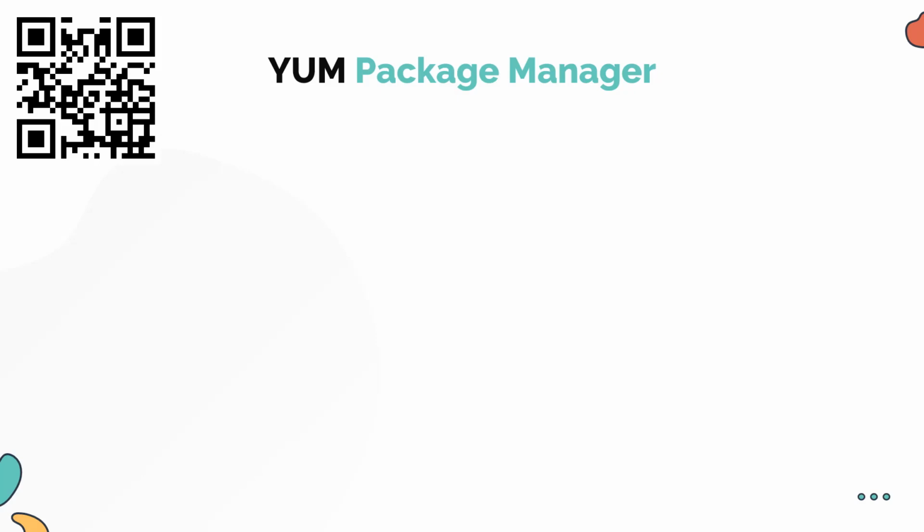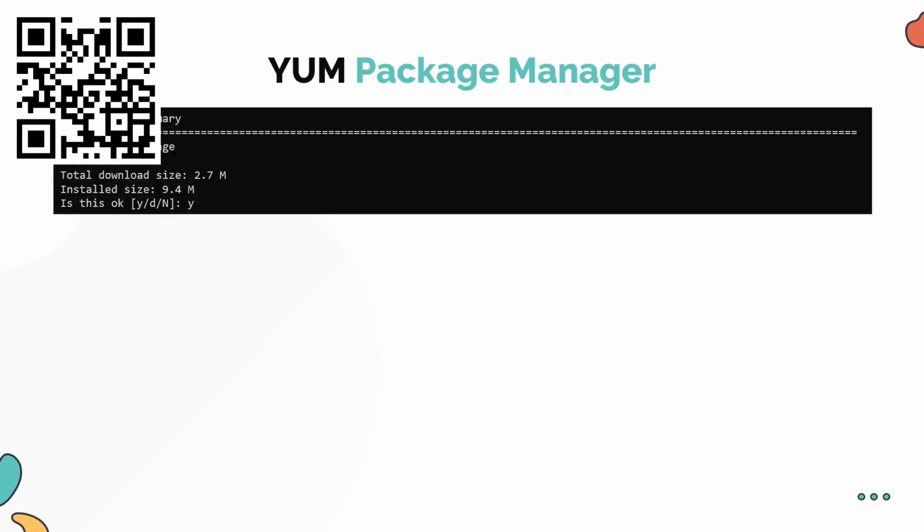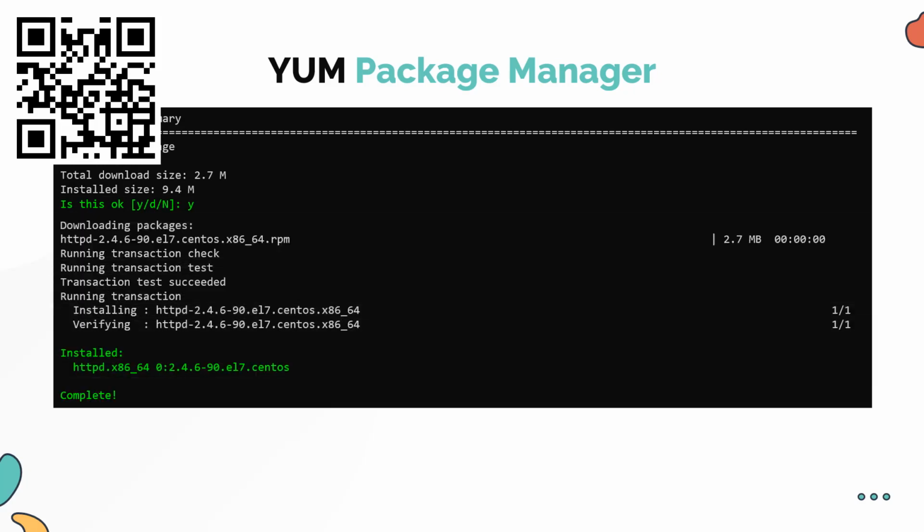After this step, a transaction summary is displayed on the screen for the user to review. If we wish to proceed with the install, enter the Y button. This step can be skipped by providing a -y flag with the YUM install command. YUM will download and install the necessary RPMs to the Linux system.